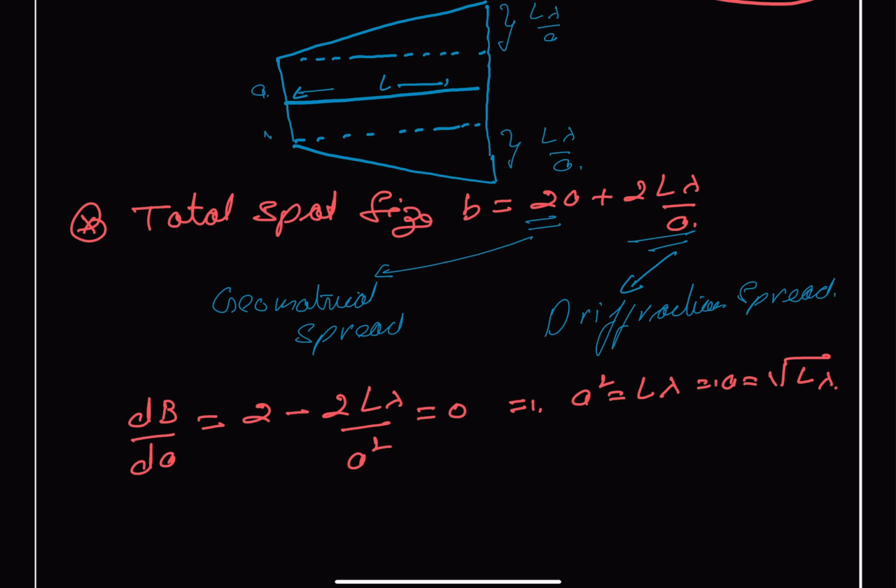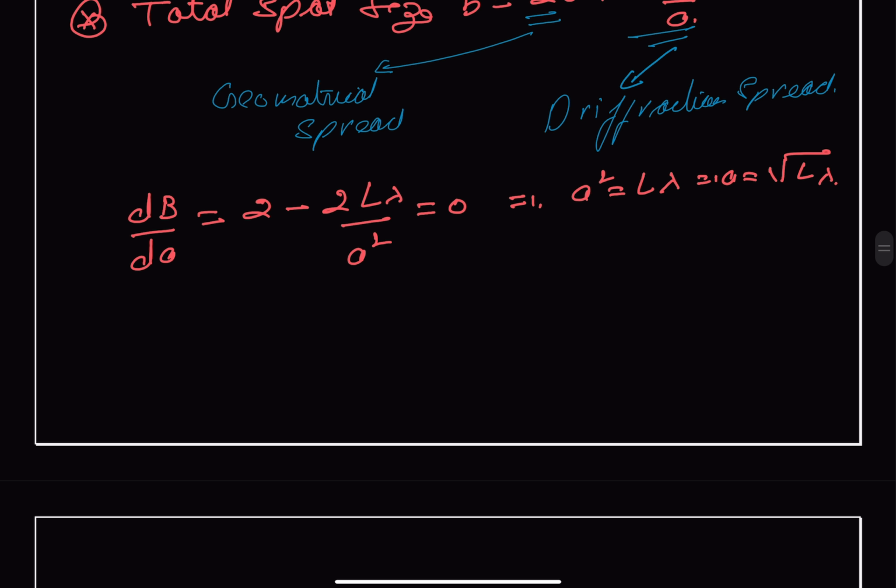And we can then calculate the minimum value of B. We substitute it, so we get that our B minimum will be equal to 2A plus L lambda by A. Substituting value of A, we get this as 2 square root of L lambda plus 2 L lambda divided by square root of L lambda. And we can rationalize or we can solve it otherwise also.